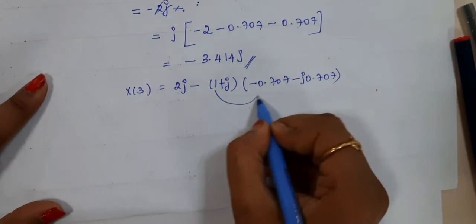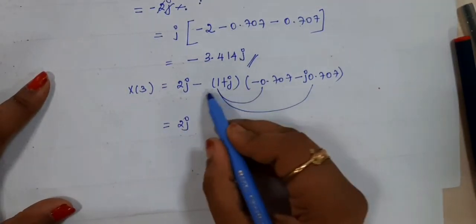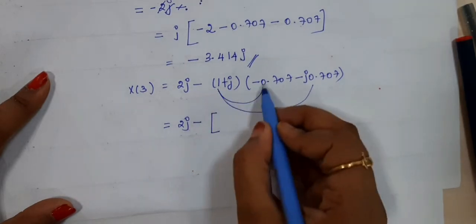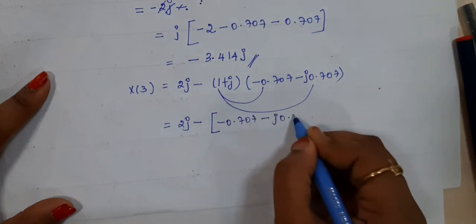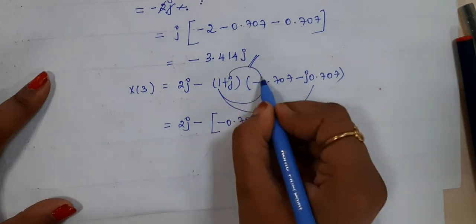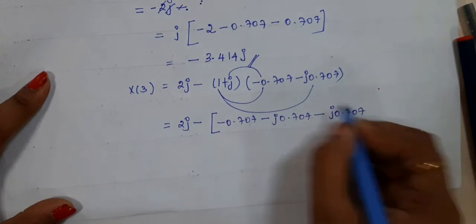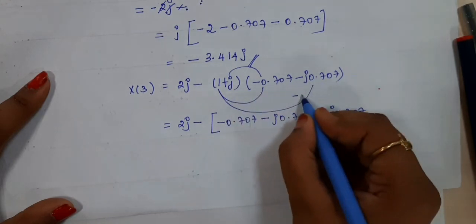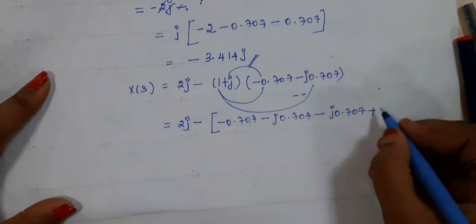First you just multiply these two things. So equal to 2j minus, here you write it as minus, 0.707 minus j 0.707, and then you multiply this two, plus into minus j 0.707, plus into minus, and this is j square, already minus, again one minus will come. So minus plus.